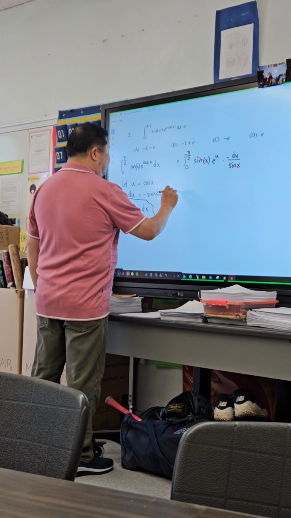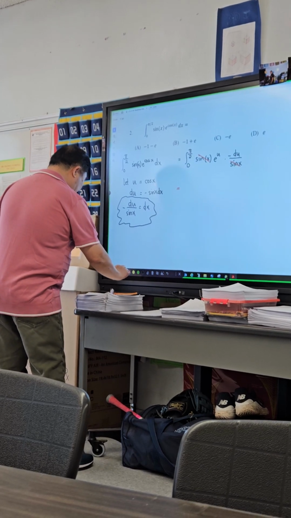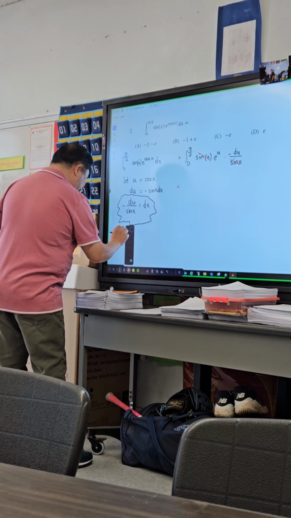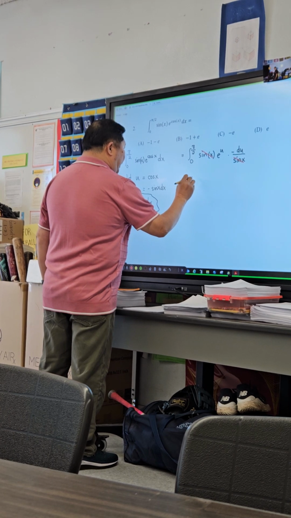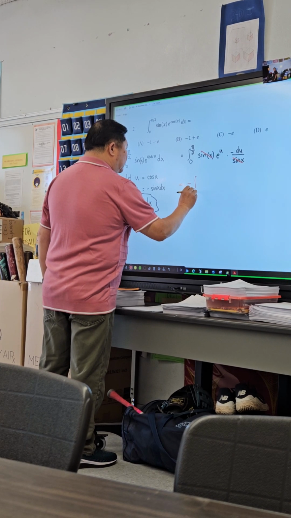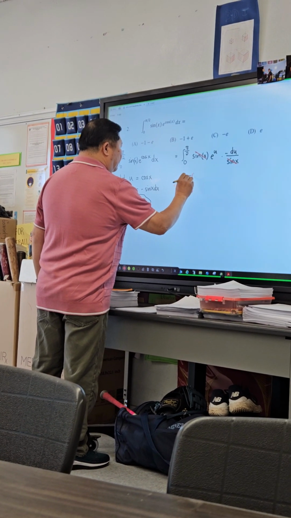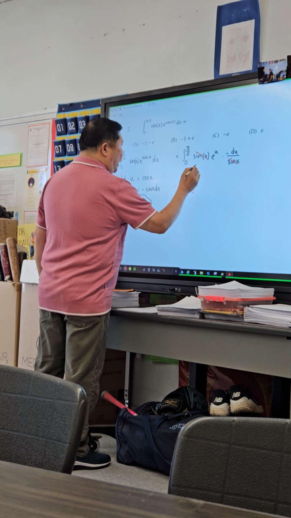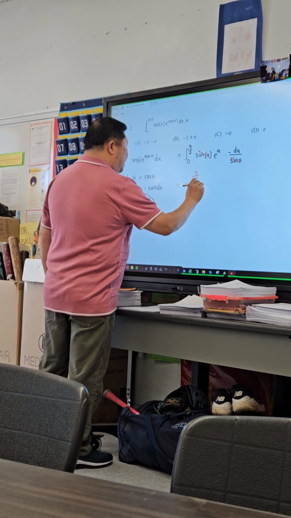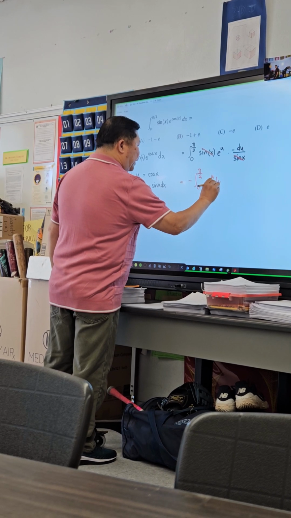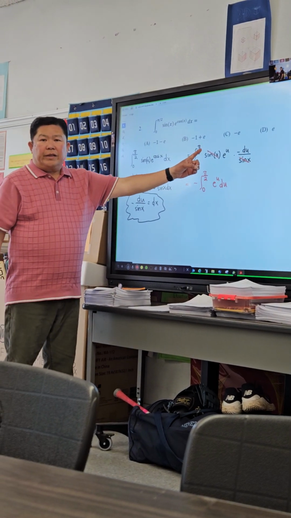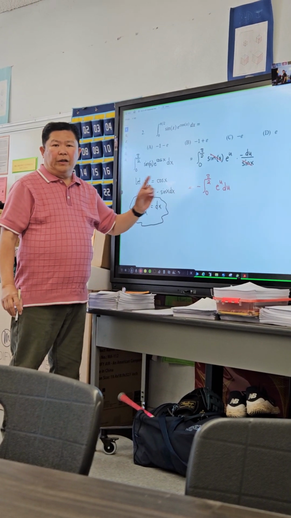So we have negative integral from 0 to pi over 2, and we have e to the power of u du, right?